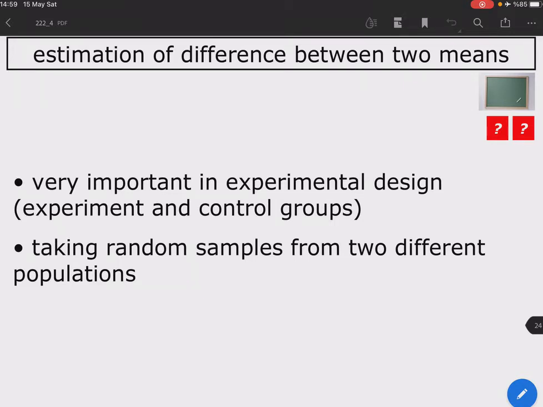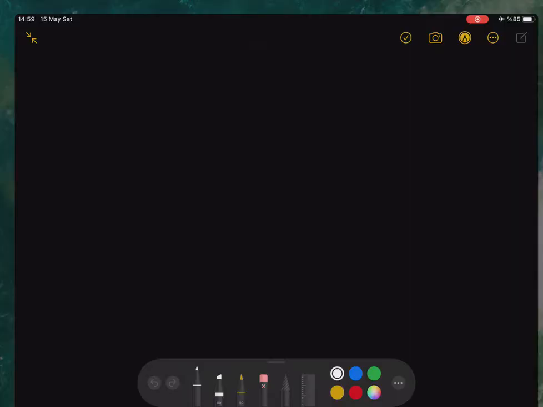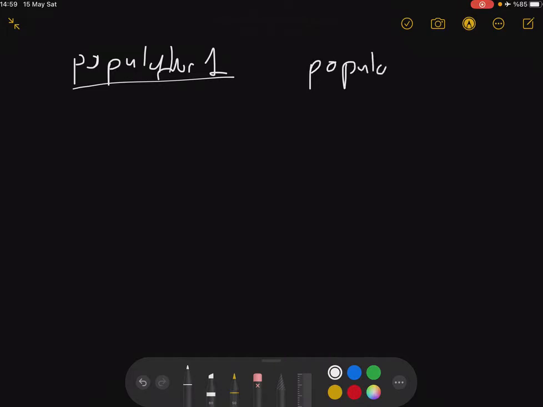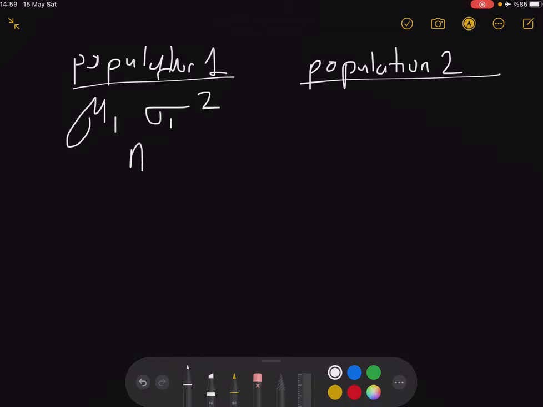And if we want to show this, suppose that we have two populations, namely population 1 and population 2. These can be experimental and control groups too. So it has its population parameters, μ1, sigma 1 square, and N1, for example.